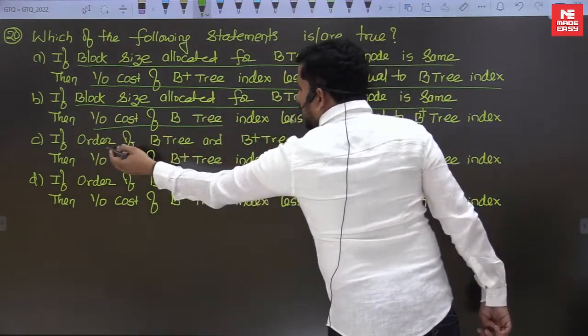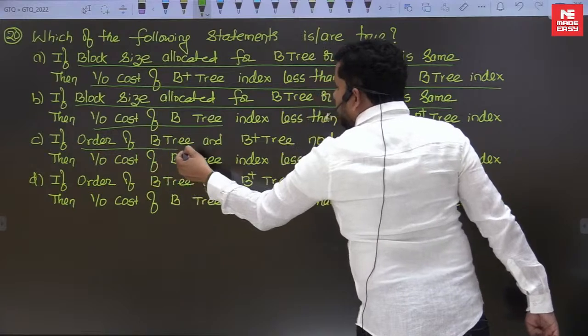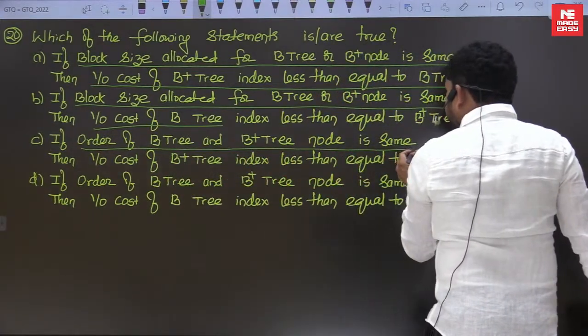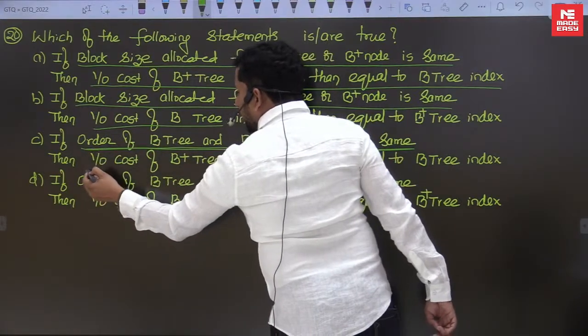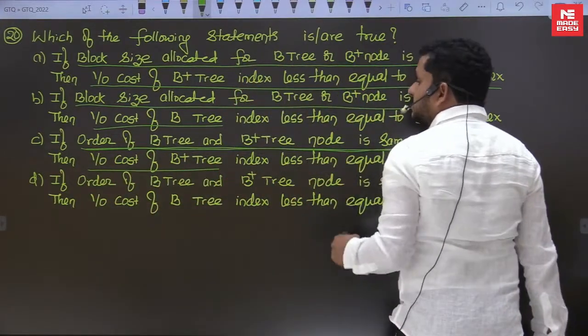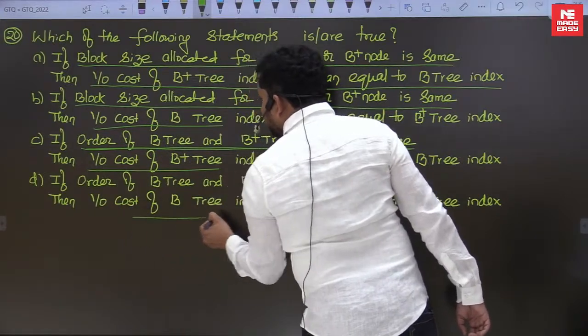Then the third option: if the order of the B tree and B plus tree node is the same, the degree of the node is the same, then the IO cost of B plus tree is less, or the IO cost of B tree is less.